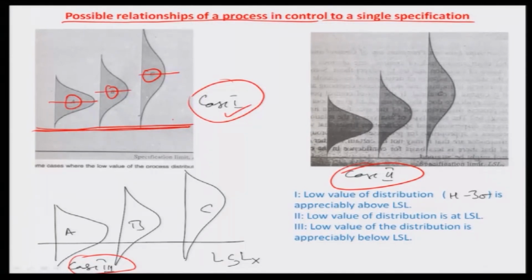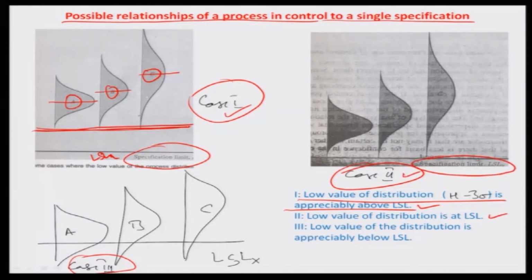So in case 1, the low value of the distribution, mu minus 3 sigma, is appreciably above the LSL, the lower specification limit for X, which is actually a good thing, because everything that is produced is acceptable in this case.